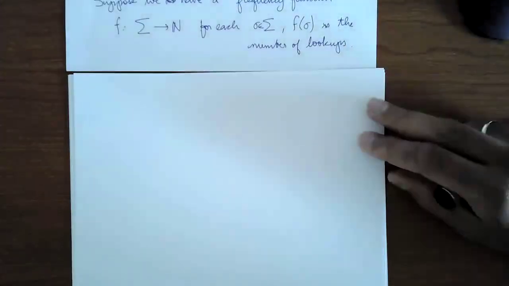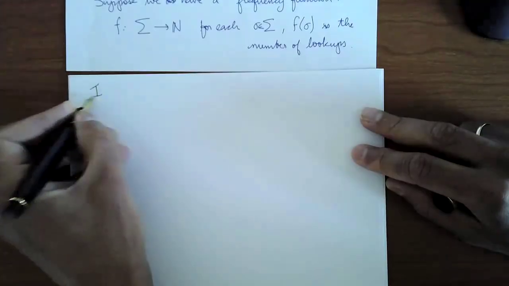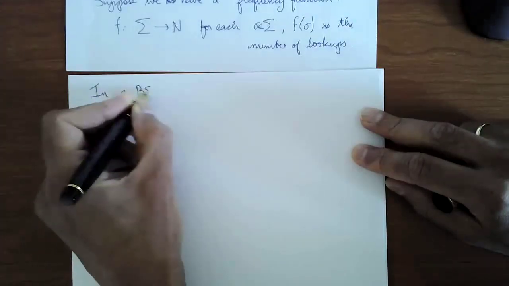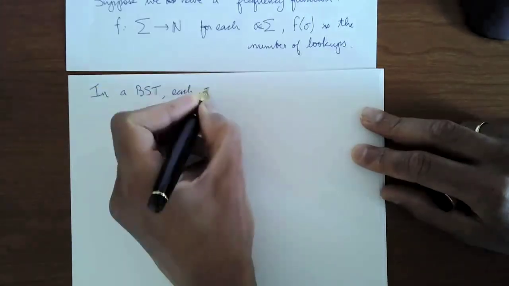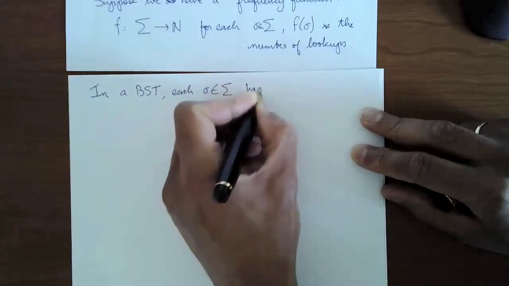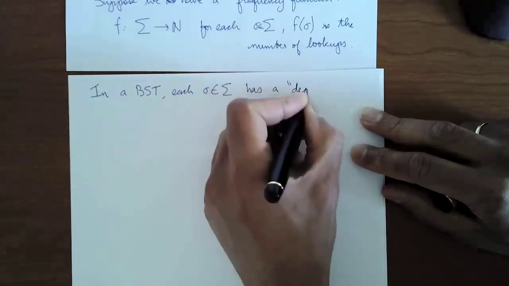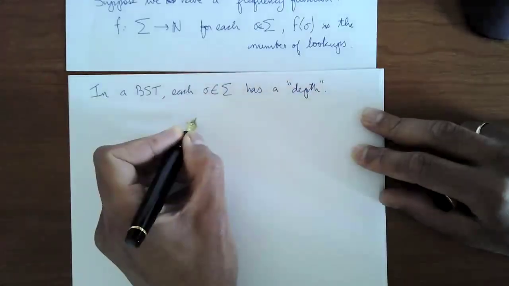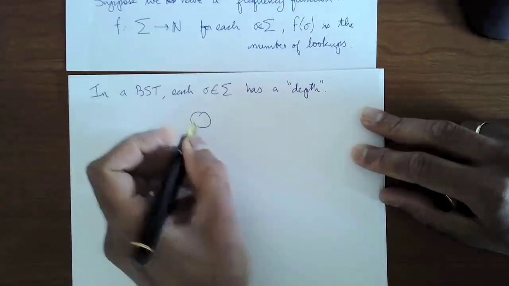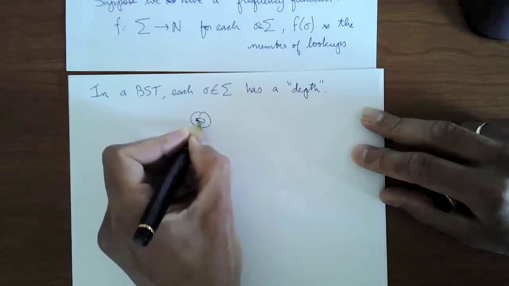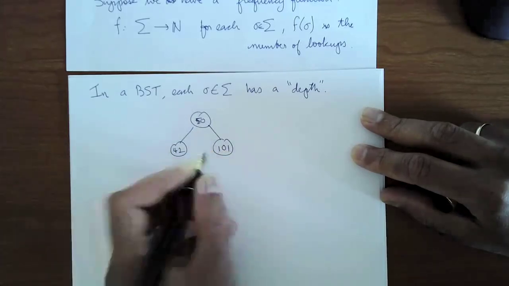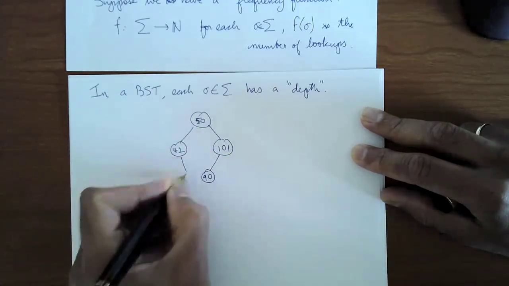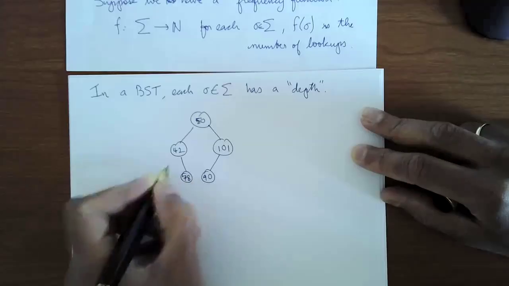Now in a binary search tree, each character has a depth, right? So if you think of your binary search tree as, maybe over here you have 50, you have 42, you have 101, 90, 78, and so on.